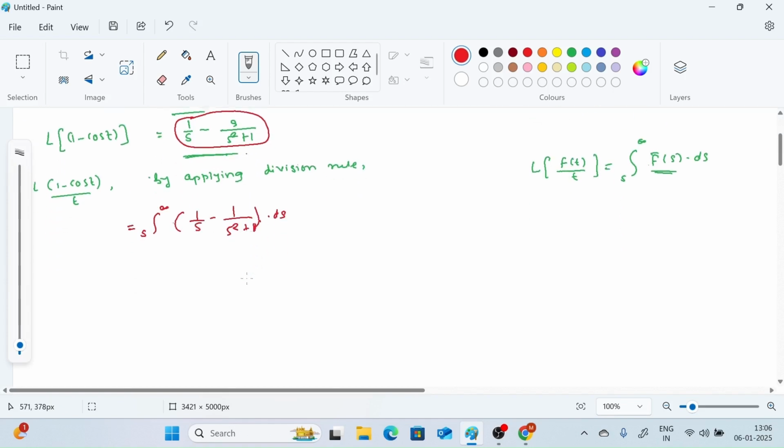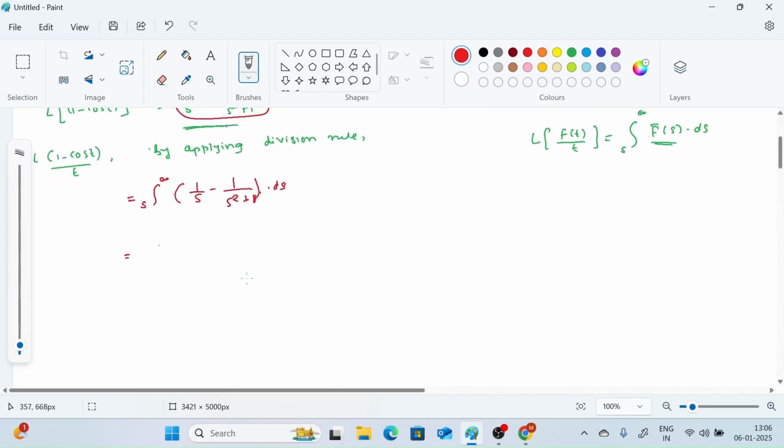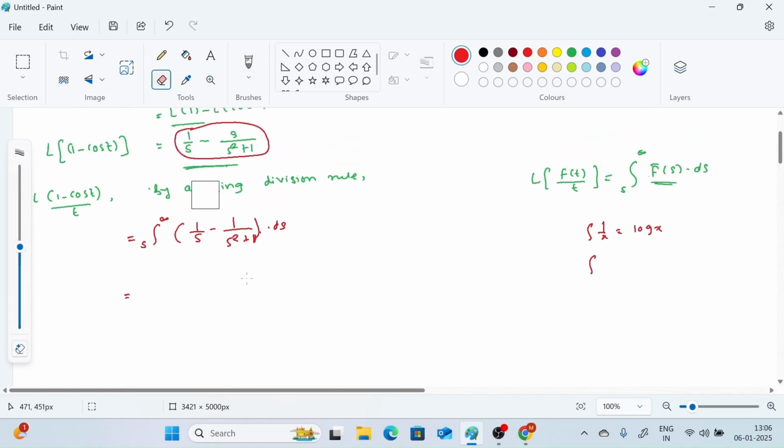Right? So, in the last example we learned that the integration of 1 upon x will be log of x, and the integration of f dash of x upon f of x is log of f of x.